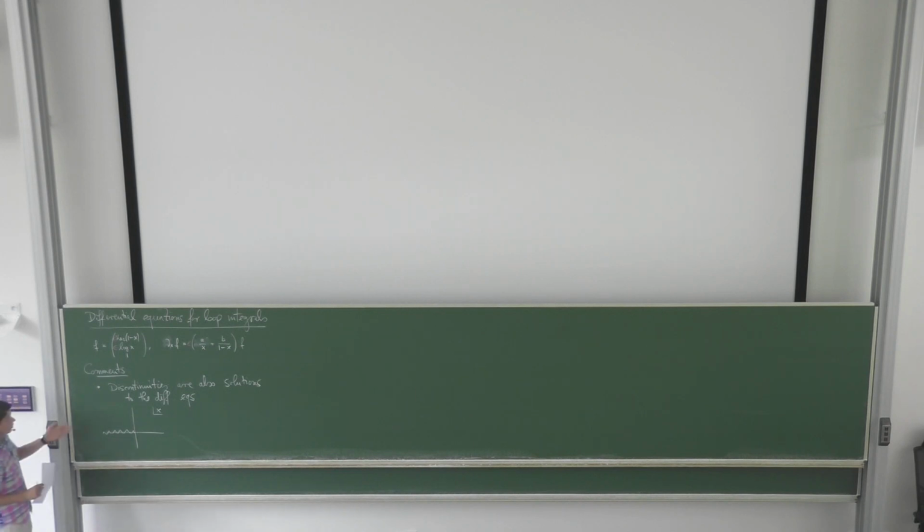For example, the logarithm picks up another term, which is 2 pi i, when you cross the branch cut. What I mean by discontinuity is that I'd like to compare the function just above and below the branch cut and take the difference.